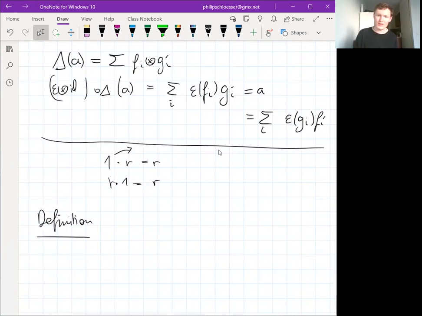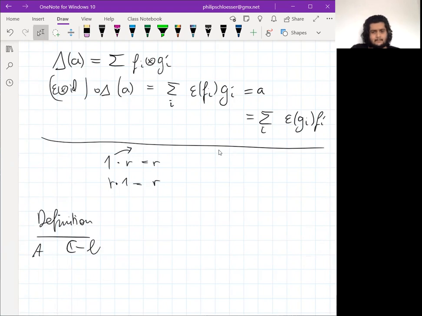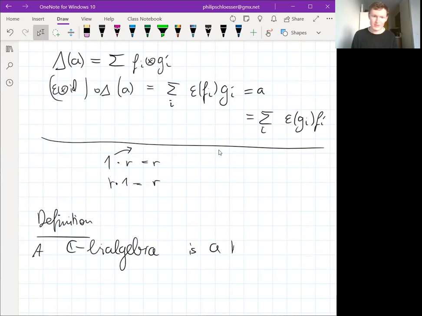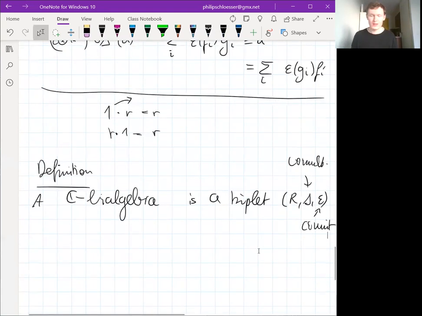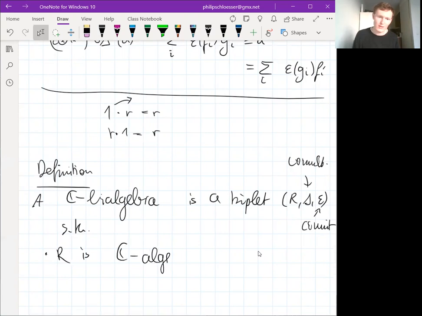Definition: a C bialgebra is a triplet R, delta, epsilon, where we call delta co-multiplication and epsilon co-unit, such that R is a C algebra, so sort of the context we've been in before.